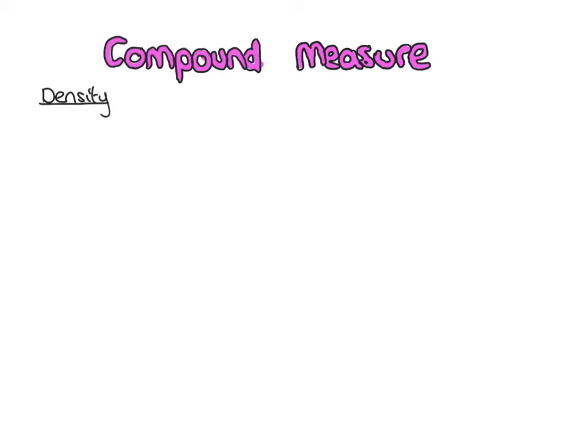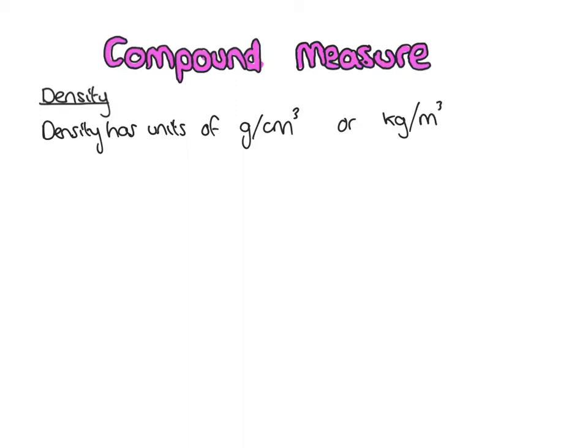So density has units of grams per centimetre cubed, or it might be kilograms per metre cubed, or something that looks like that. And what does that mean? Well, this is grams divided by centimetres cubed, this is kilograms divided by metres cubed.